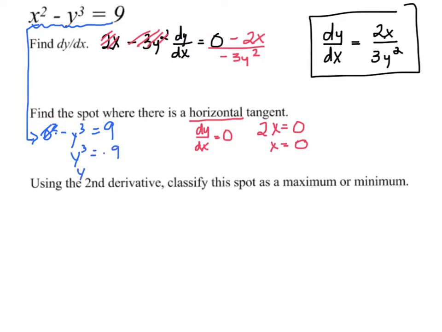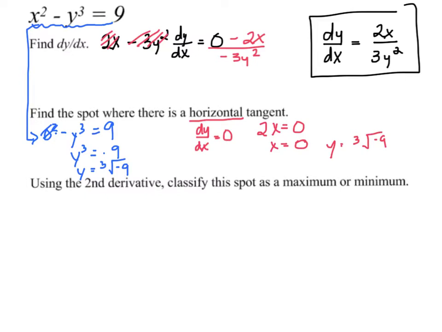So y is the cube root of negative 9. So now I know that x is 0, and I know that y is the cube root of negative 9. Okay? So now I've got that point. And by the way, the cube root of negative 9 is just a little less than negative 2. Negative 2 point something.